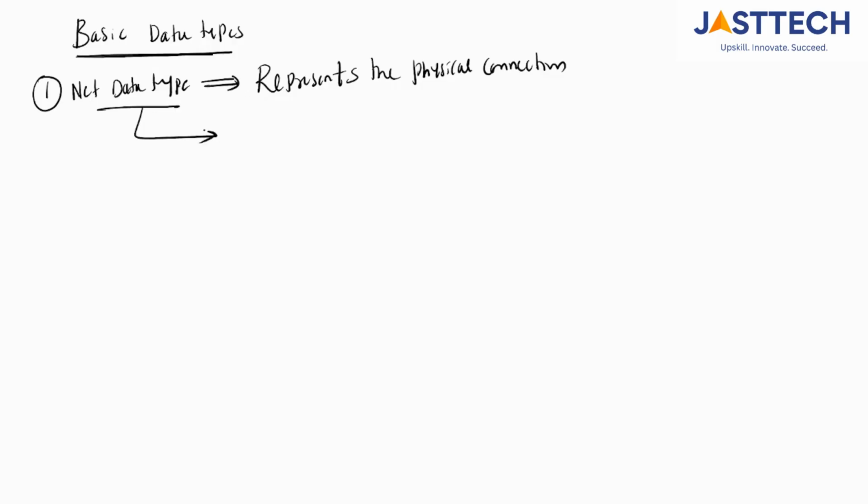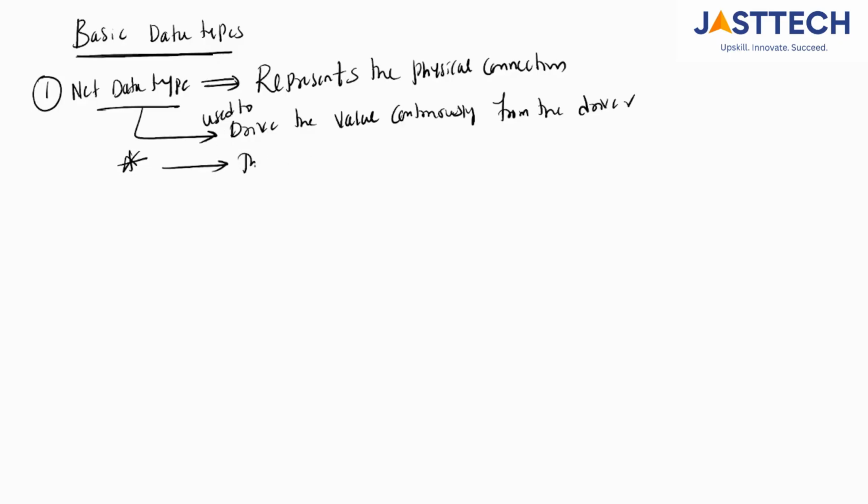from the driver. I'll write here: it will be used to drive the value continuously from the driver. The main important thing is that these net data types are not used for storing the values.